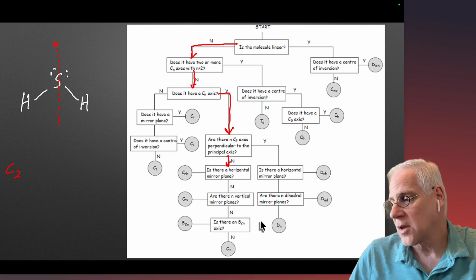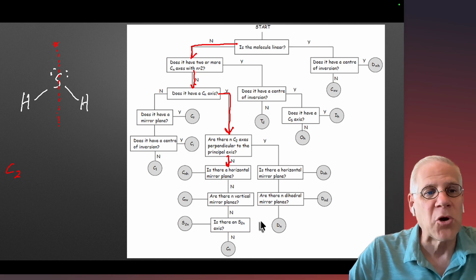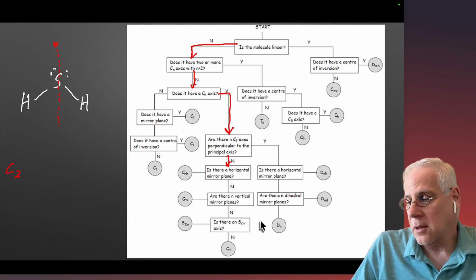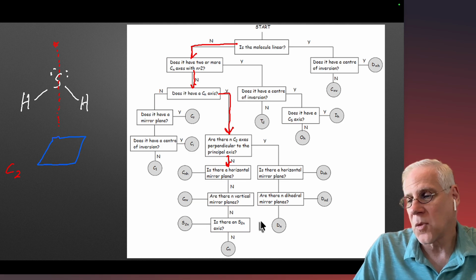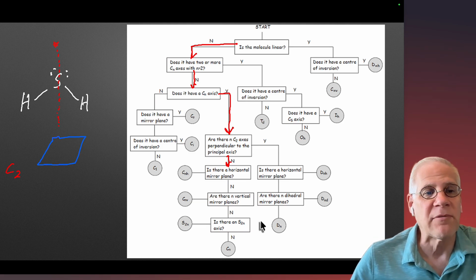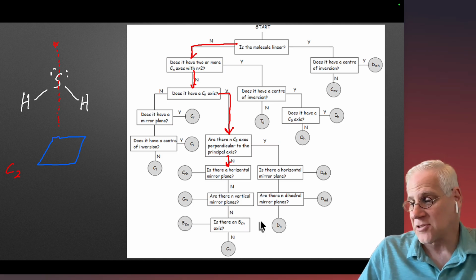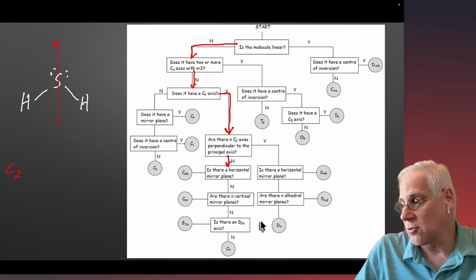So come down here. Is there a horizontal mirror plane? So is there a mirror plane that would be perpendicular to that axis, to where I can reflect the molecule across and I would get the exact same picture? And again, the answer is no. I can't do that. So we're going to move down this way.